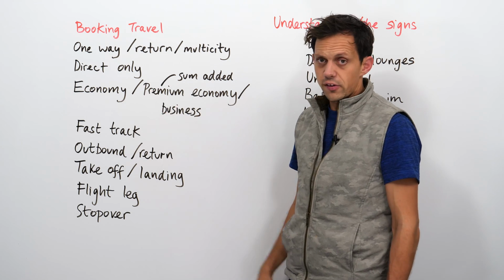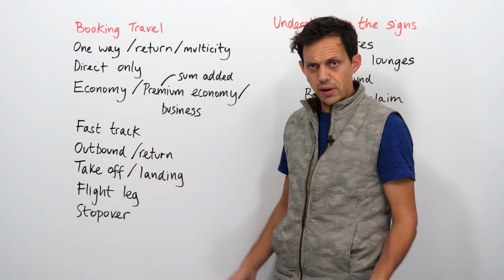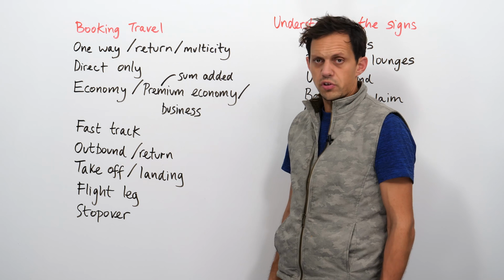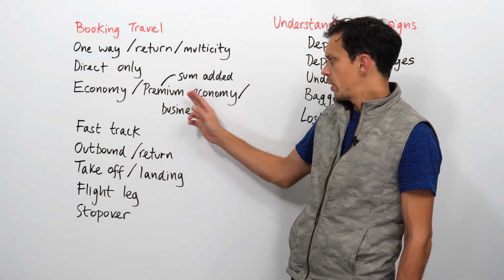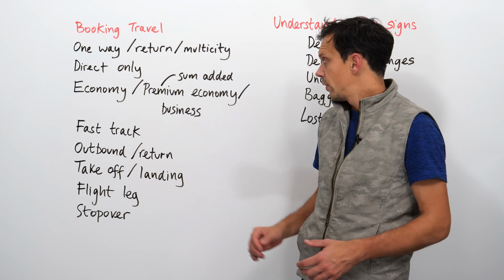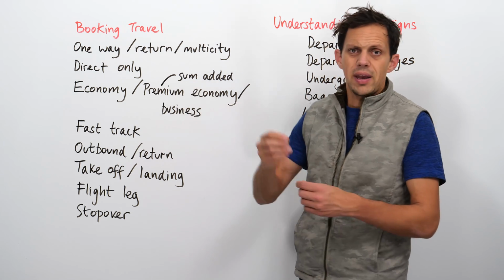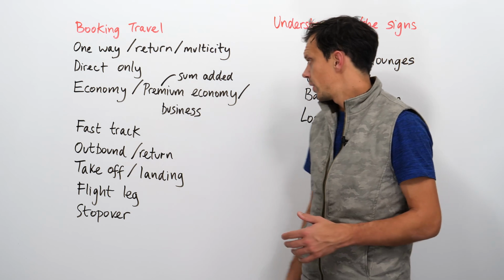The different classes. Economy is the most basic, which is probably about 90% of most planes. Premium economy, you have on some planes, not on all. Premium means you pay a little bit extra. I'm not quite sure what you get in premium economy.